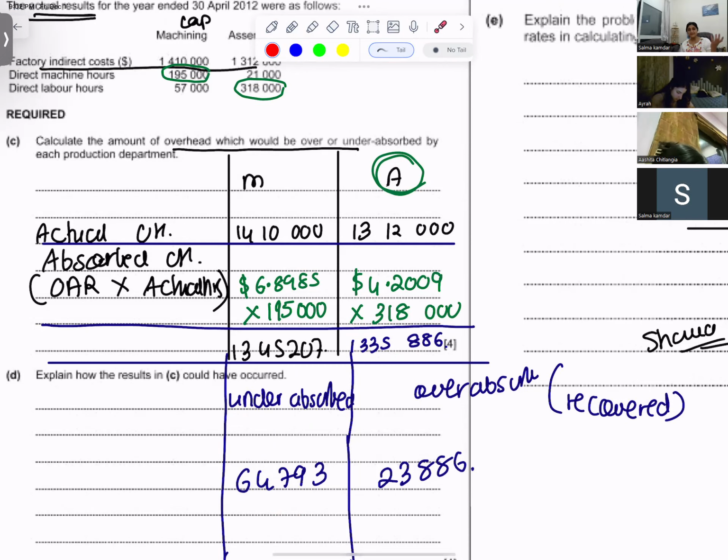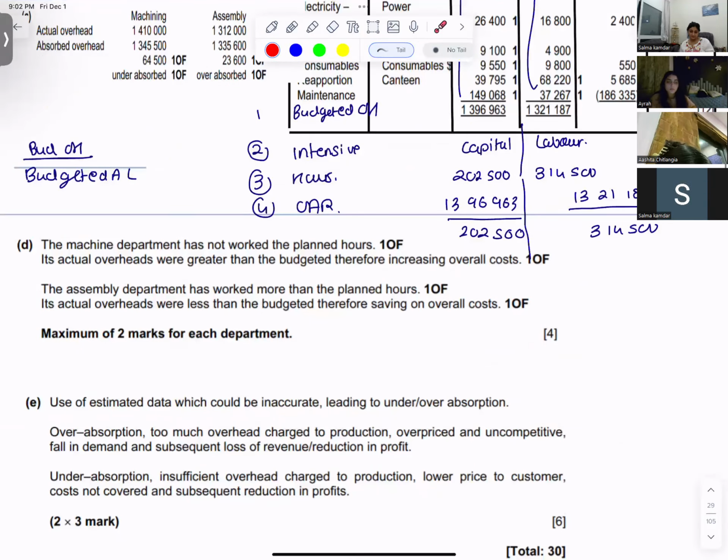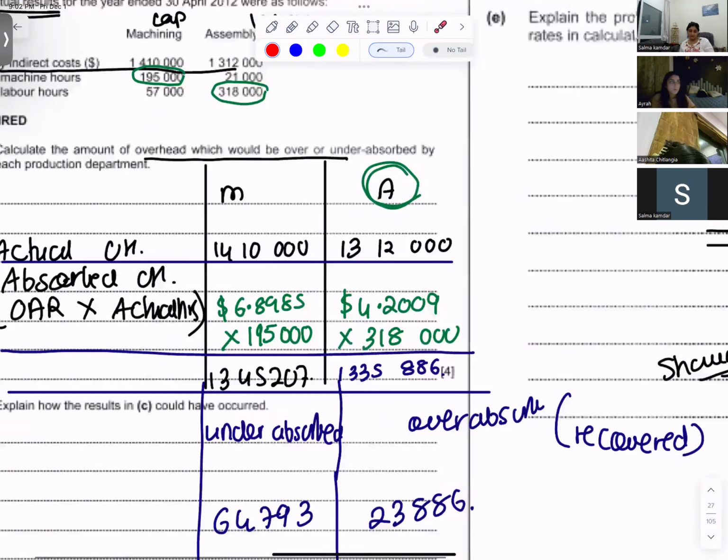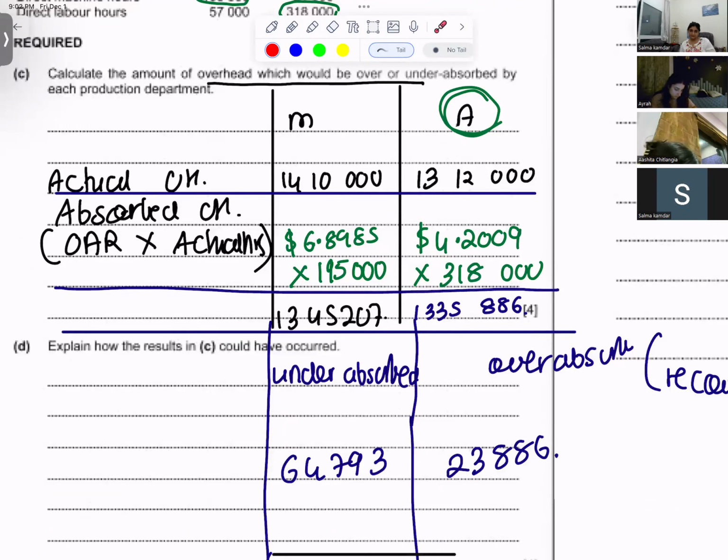Can you give me the reason why overheads are under absorbed? Because your actual overheads are more than the estimated absorbed overheads.